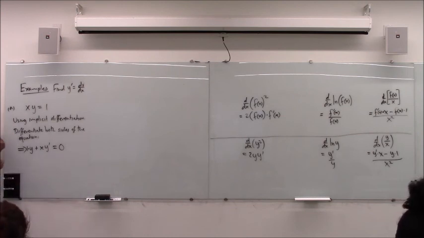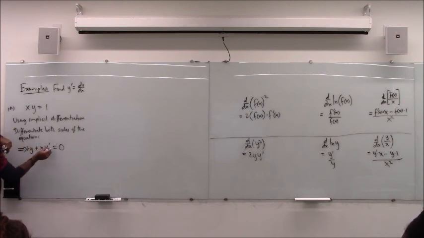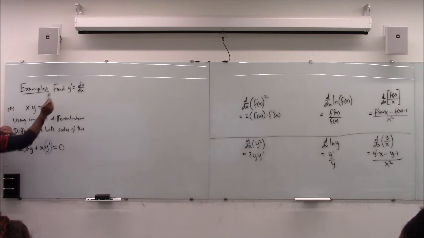Now, by differentiating both sides, you will notice that you have an equation where y prime is one of the members of that equation. If you want to find y prime, what you need to do is just solve for that thing. At this point, it's just algebra. You already did the calculus. How do we solve for y prime? Just isolate it.